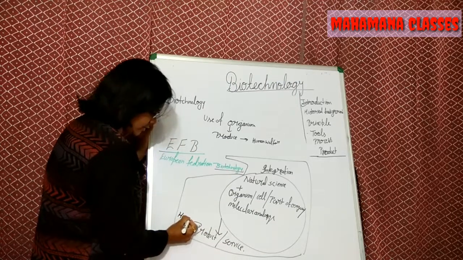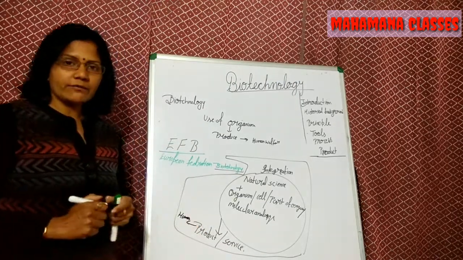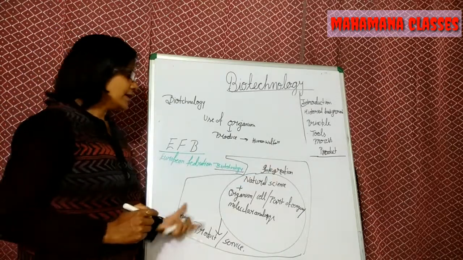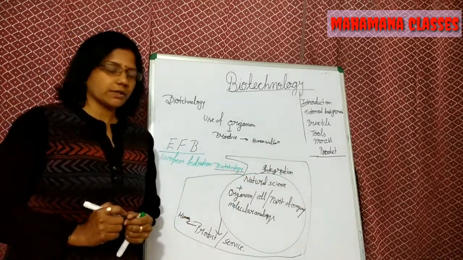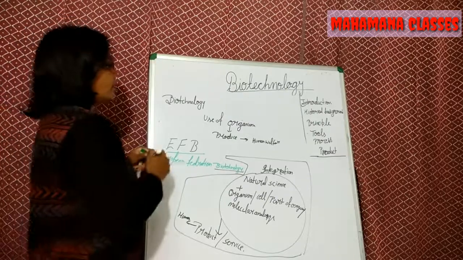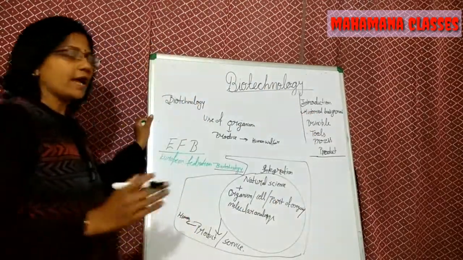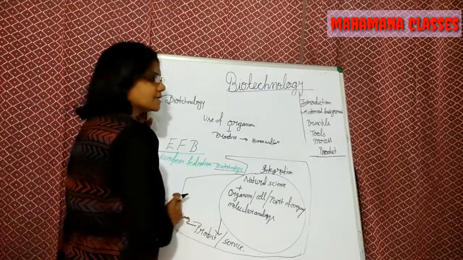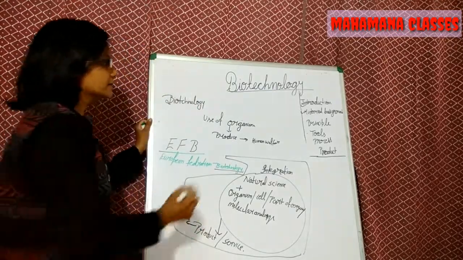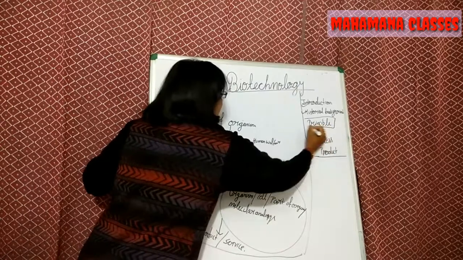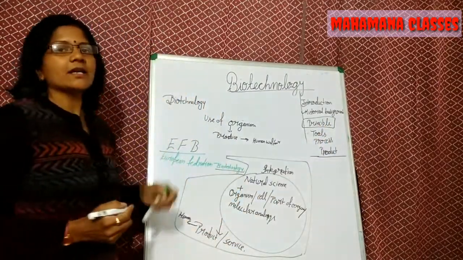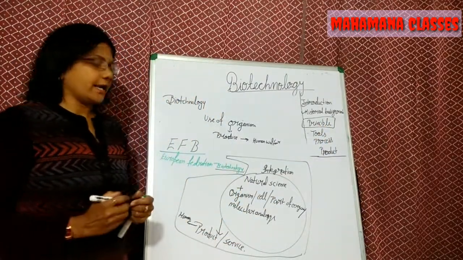So it is also focused on human welfare, and this whole is turned into biotechnology. That was all about the introduction, historical background, and its definition. The next part, the principle, we will discuss in our next class, and that's all.